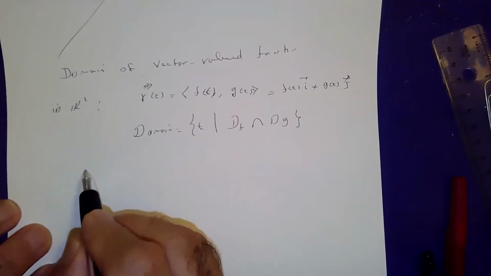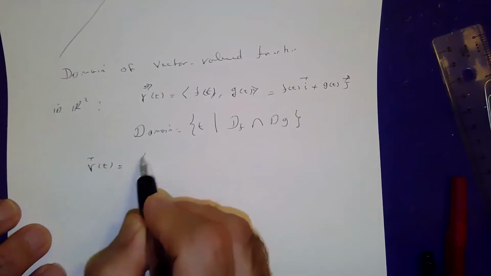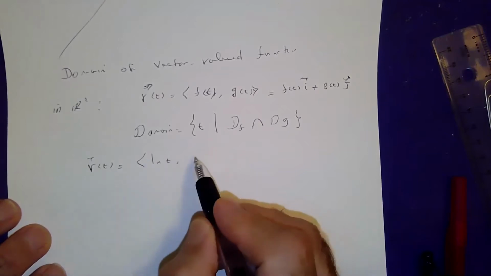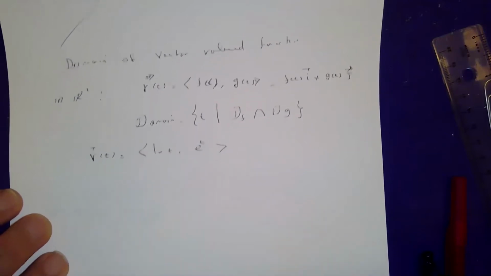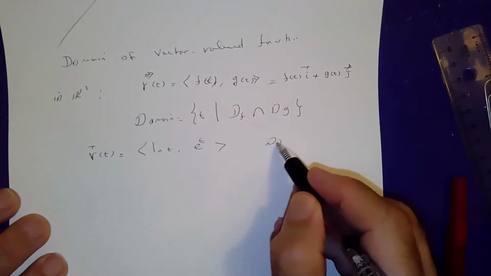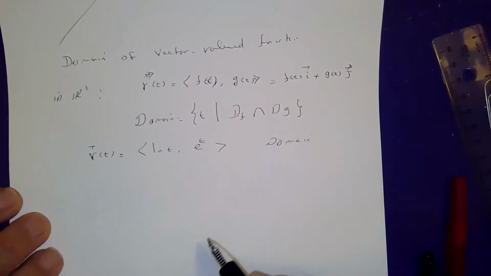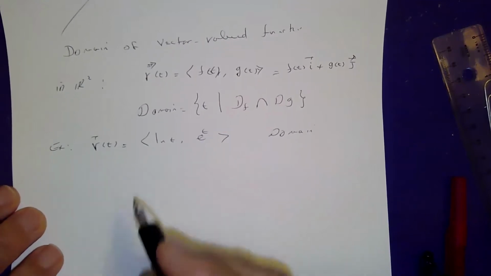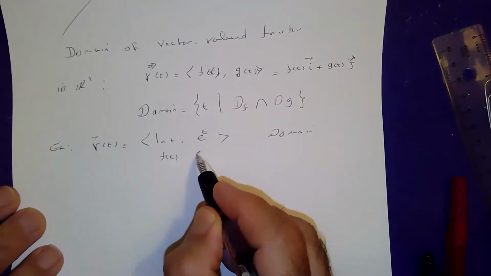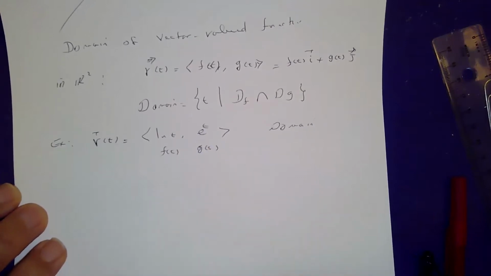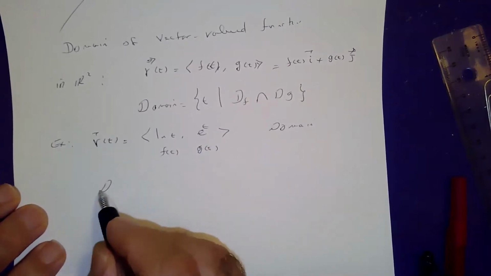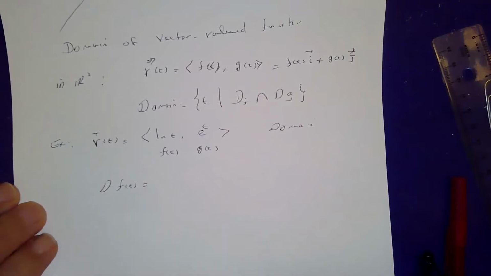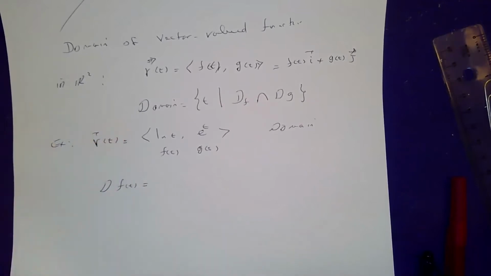Case in point, let's say r of t is equal to natural log of t and e to the t. Okay, what would be the domain of this vector valued function in R2? Well, this is my f of t, this is my g of t, isn't it? So now, what's the domain of f of t? Does anyone recognize the domain of natural log of t?